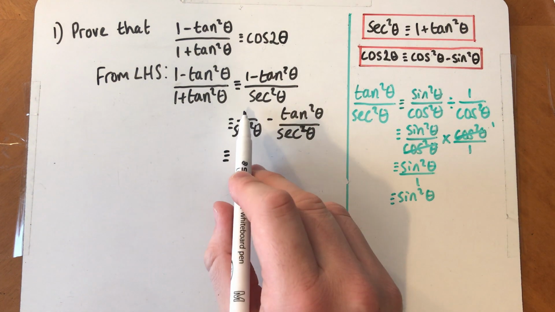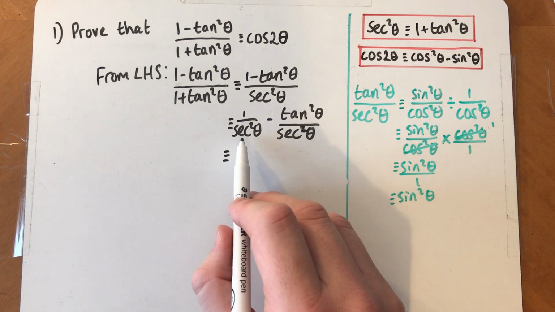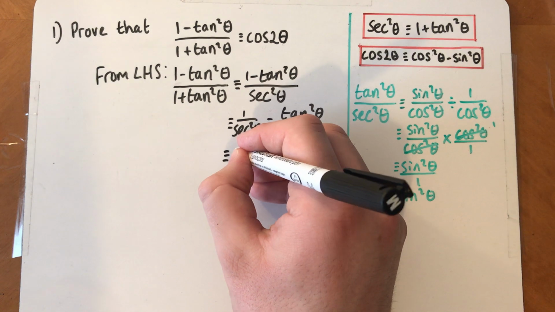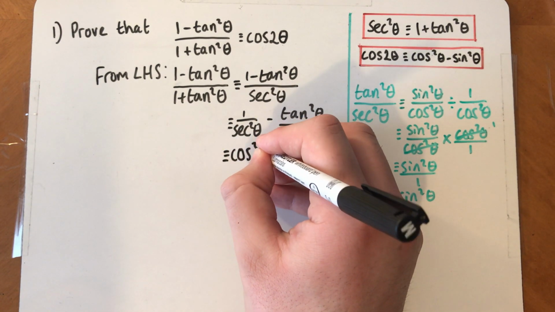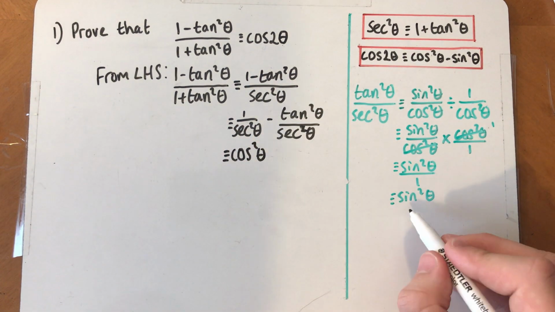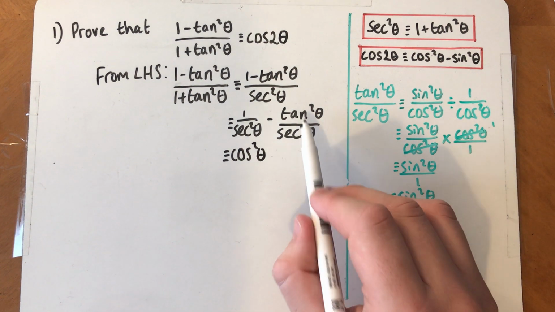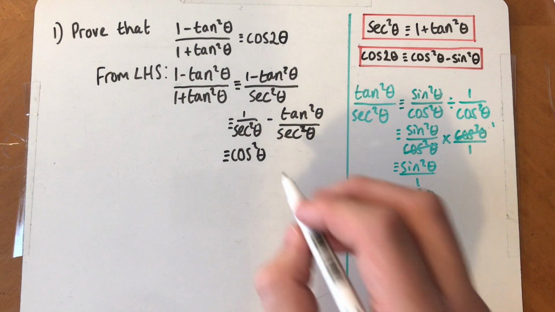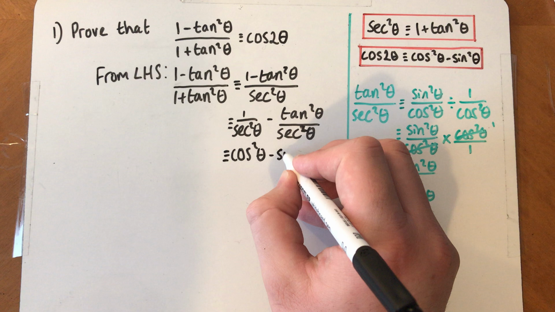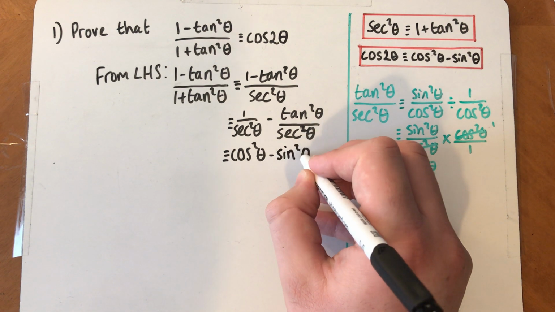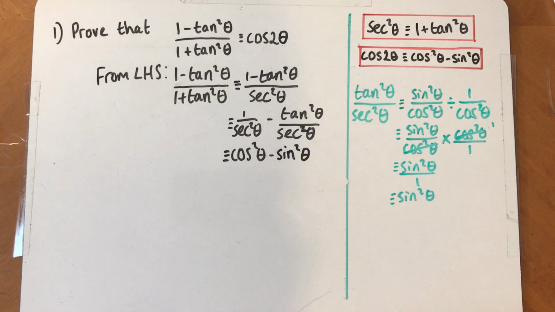We can also say that 1 over sec squared theta is just cos squared theta. And we've just shown that tan squared theta over sec squared theta is identical to sine squared theta, so we have minus sine squared theta here.